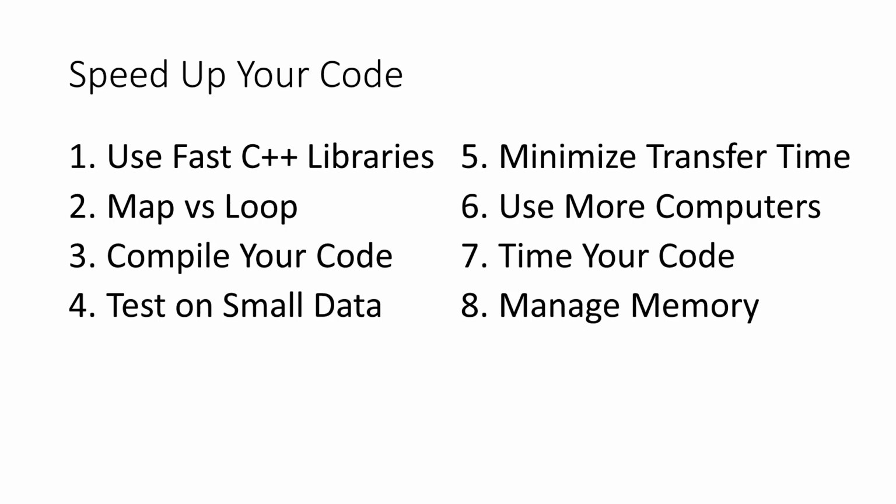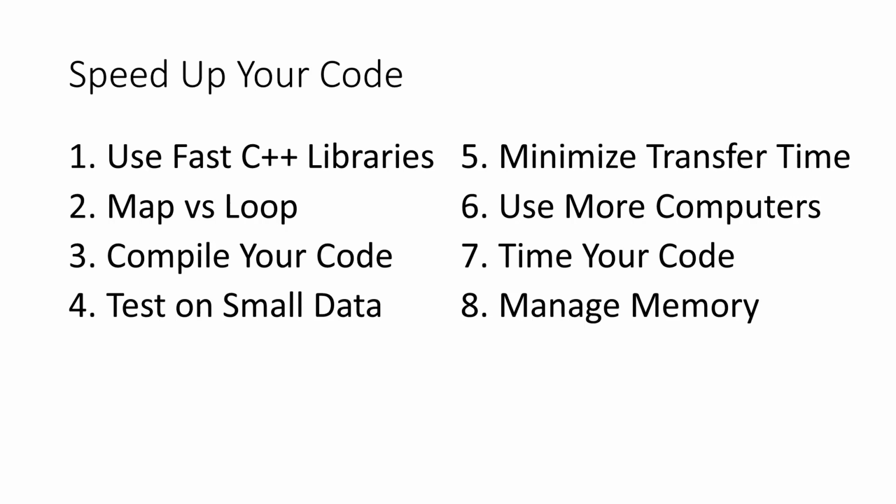If you really don't have enough memory to get your specific job done, then it can make sense to move to clustered computing, and things like Spark are great tools for doing this. 7, time your code. A lot of times you're not going to know where the inefficiencies in your application actually lie. So running some sort of timing or benchmarking can really help with that.